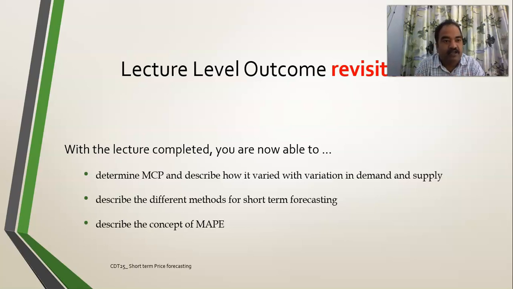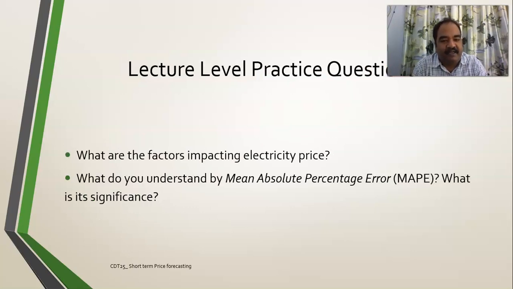I hope you are now capable of explaining the different methods of short-term forecasting. And don't forget to watch the literature which I have given you, on how to employ MATLAB and artificial neural networks for price forecasting. I hope you have understood the concept of MAPE, and we will try to apply it to our problem in the regular class.